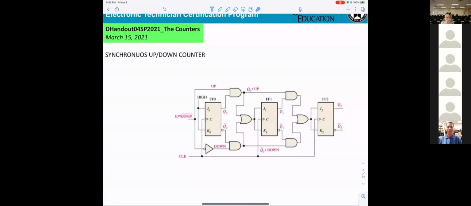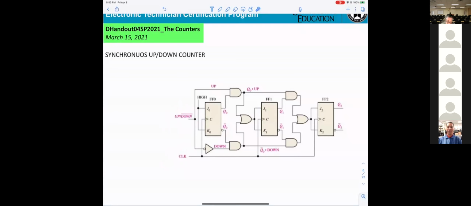When they add in the gate, that means they are trying to design a different type. Now, if you're looking at up and down here, you can apply either 1 or 0, and you apply the clock, and it will count.